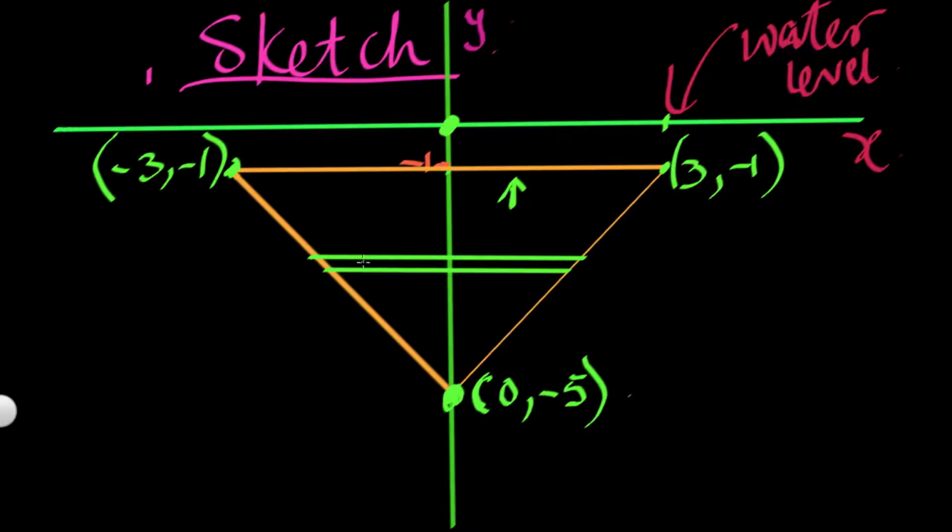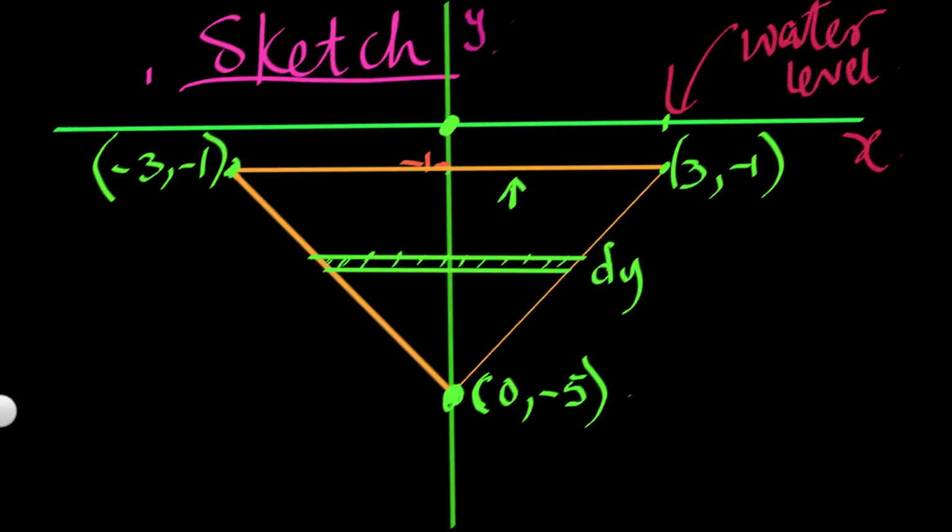So this is the strip that we're going to use. So we are actually answering the question here. This is our strip that we're going to use. And the thickness of this strip is going to be dy. So the thickness of this strip is dy. Now with this sketch, we can now do the question.